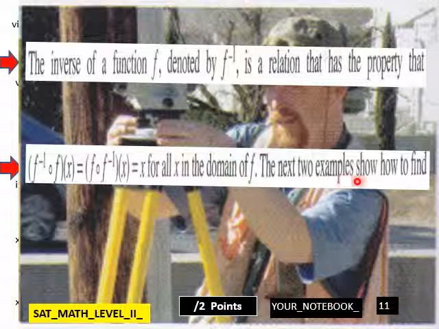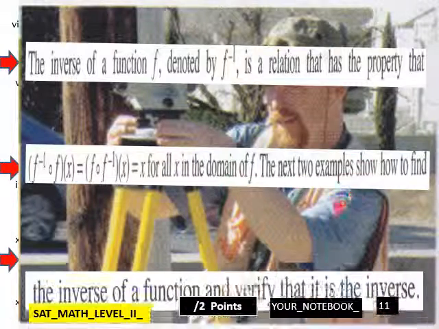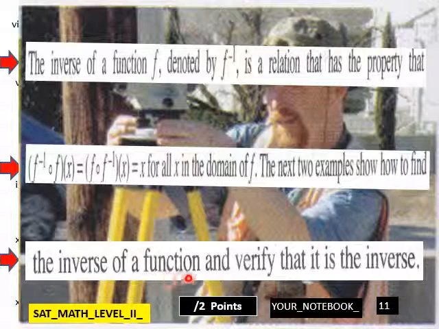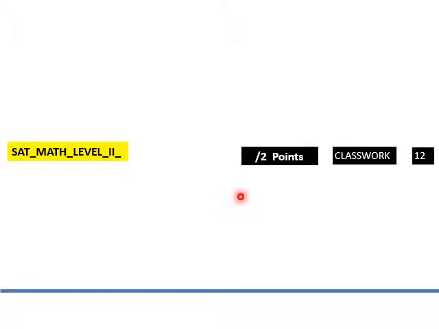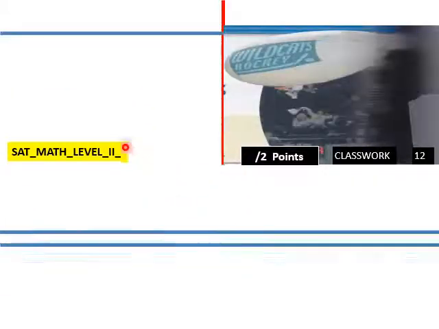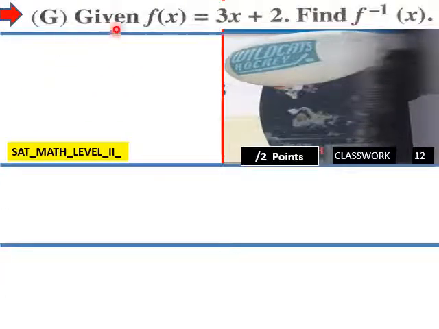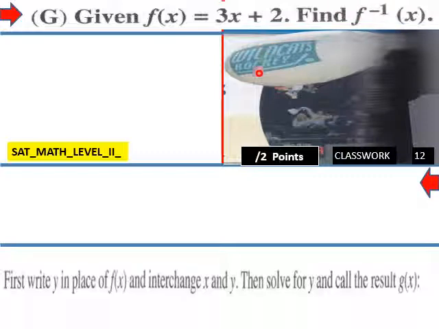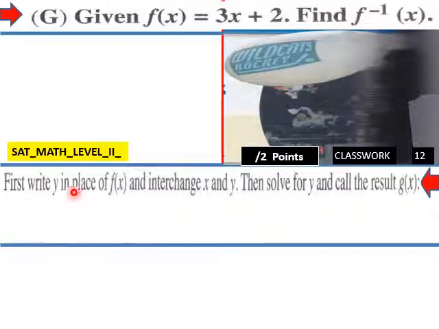The next two examples show how to find the inverse of a function and verify that it is the inverse. To do that, we have given 3x plus 2 is f of x, and then find the inverse of f of x. So to do that, first write y in place of f of x, and interchange x and y.